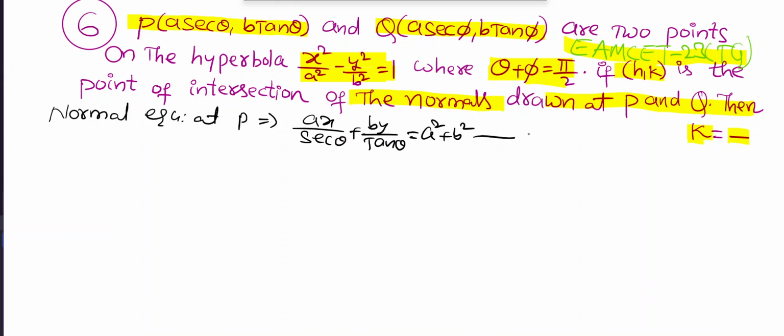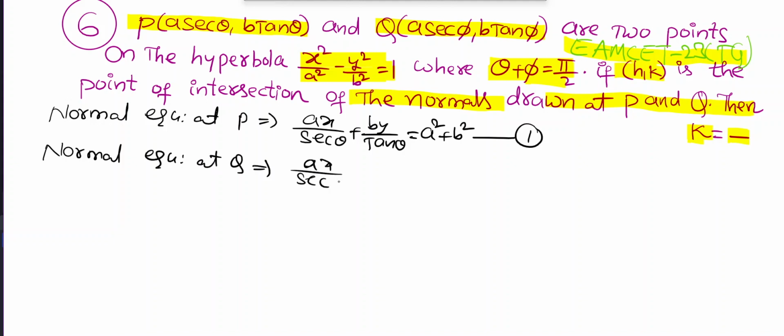This is the equation of the normal at P. And the normal equation at Q is ax by sec phi plus by by tan phi is equal to a square plus b square. This is the second equation.